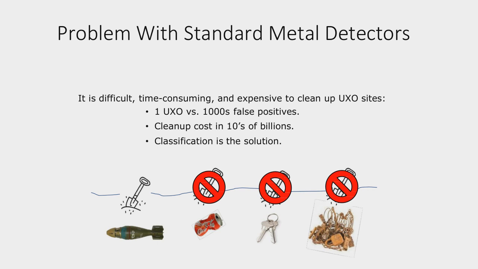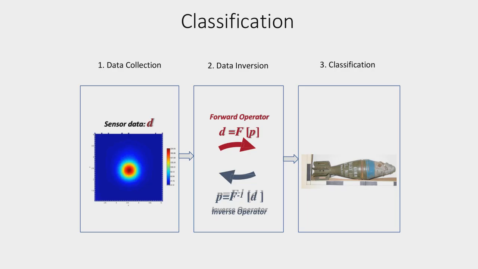So in perspective, the cleanup cost goes to tens of billions of dollars, and to reduce this cost and expedite the UXO cleanup process, classification is a solution, and that was the main focus of our group in the last 20 or so years.